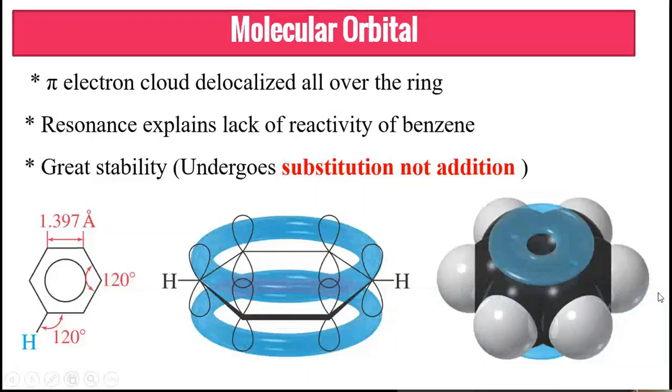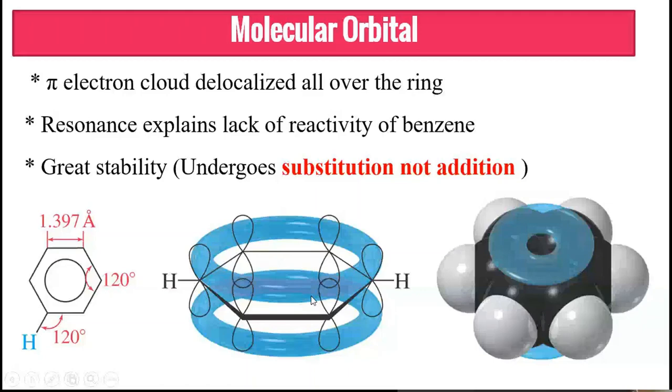Therefore your structure would now look like a donut shape above the ring and a donut shape below the ring, of electrons which are circulating. So you have a pi cloud above the ring and a pi cloud below the ring. Remember this every time: resonance generates this pi cloud above and pi cloud below.